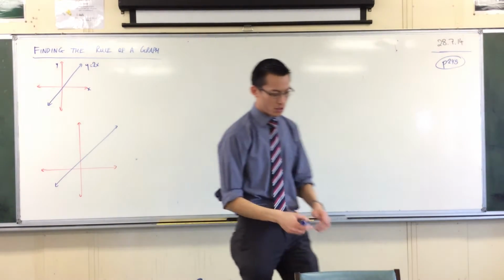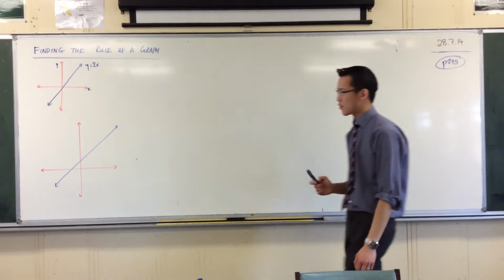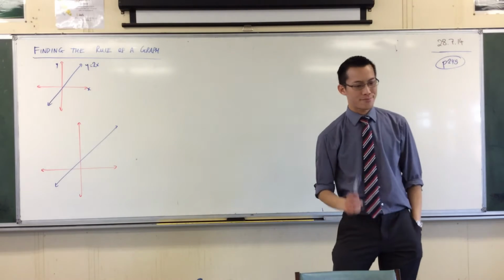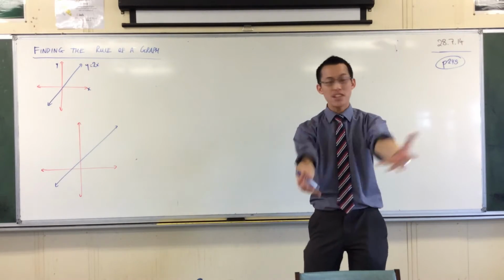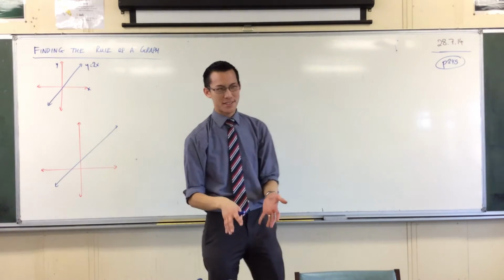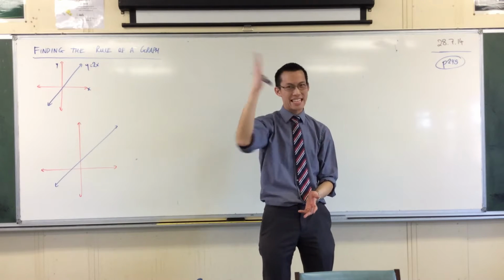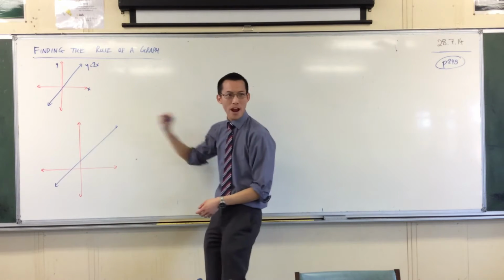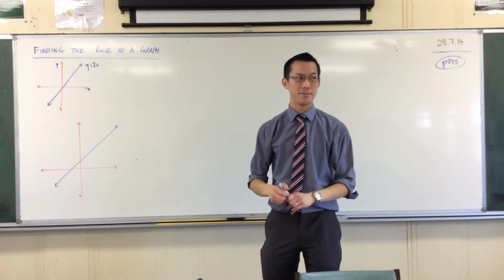Now, let's revise a little bit. Last time, I wasn't here, but you covered two important features about a graph. One had to do with how slopey, what slant it had, and the other one was about where it hit one of the axes. Do you remember what they were? What were the two pieces of information?